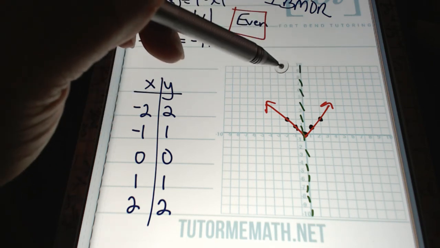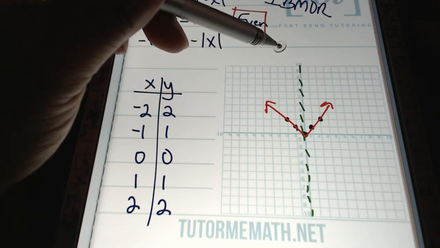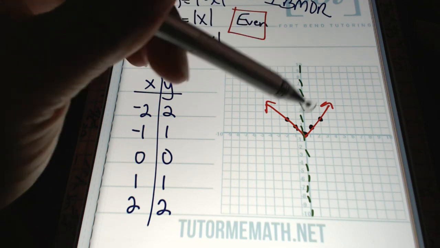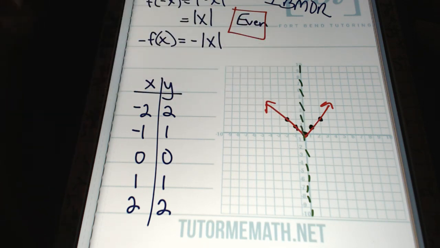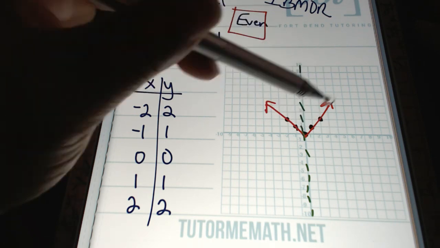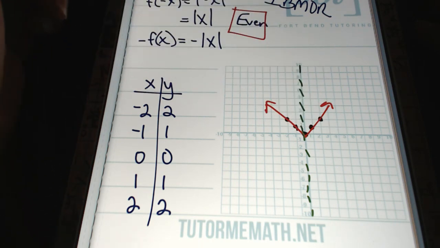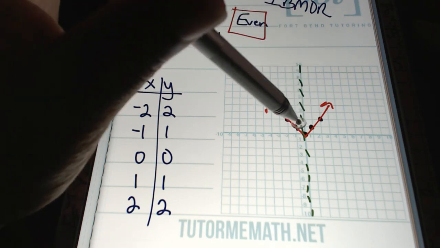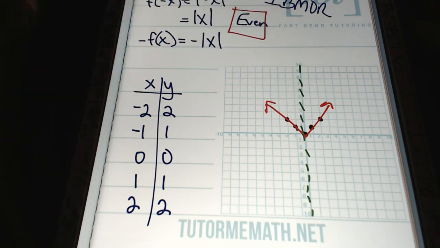But as far as the y-axis is concerned, it goes to positive infinity, the graph does. However, it stops at 0. So therefore, you would say that this graph has a minimum and it's unbounded as you go up because it goes to positive infinity. So in this problem, we have a minimum value of 0. So that's what you can identify in this problem.